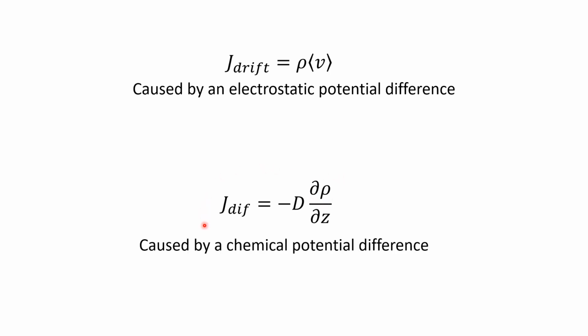So we can say that the diffusion current is the current caused by a chemical potential difference. In semiconductor devices, we need both currents, both mechanisms, and all the physics of semiconductor devices depends on the interplay between these two currents and these two potentials, as we will see in future lectures.